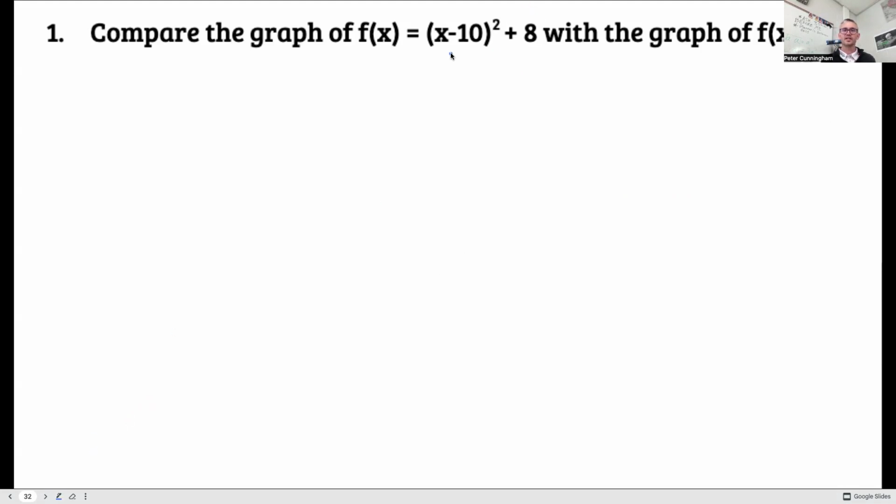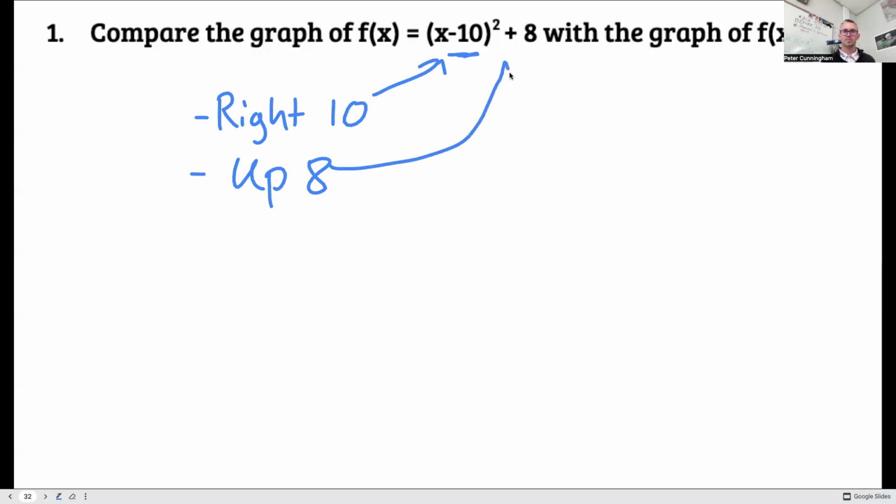So this -10 here compared to x squared. So that's going to move me in what direction? It'll move me to the right 10. It'll move me up 8. Okay. Right 10, up 8.